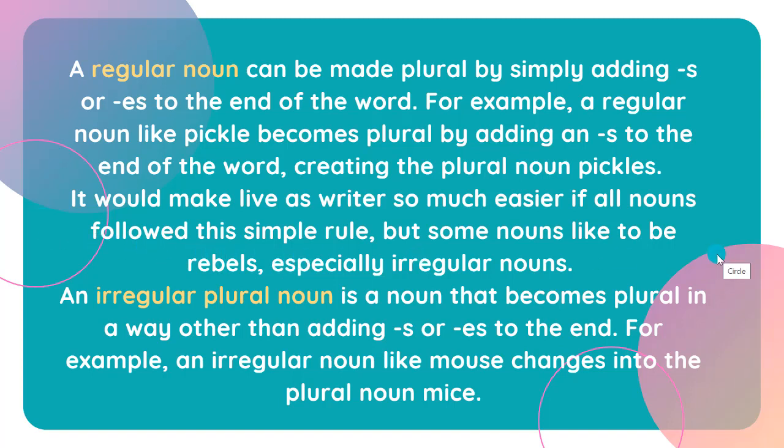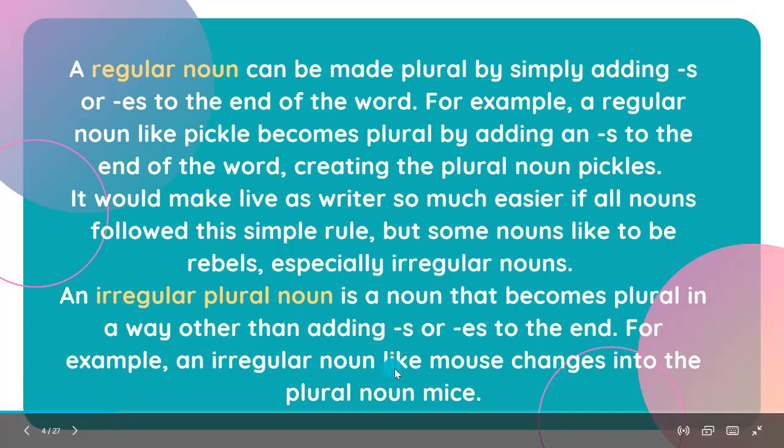But some nouns like to be rebels, especially irregular nouns. So, an irregular plural noun is a noun that becomes plural in a way other than adding s or es. So, they're not adding s or es. For example, an irregular noun like mouse changes into the plural noun mice.